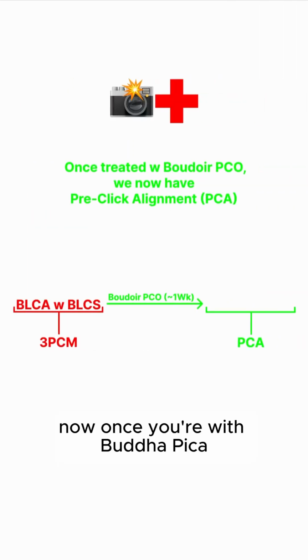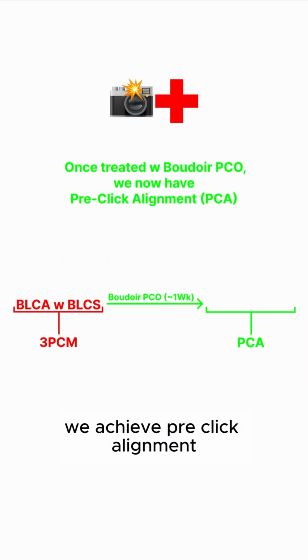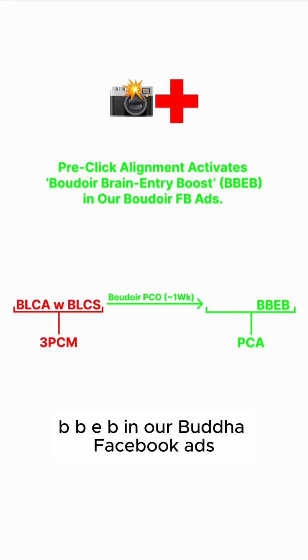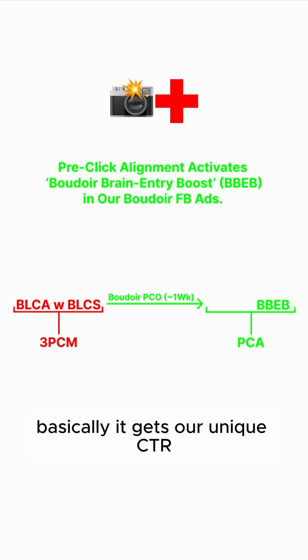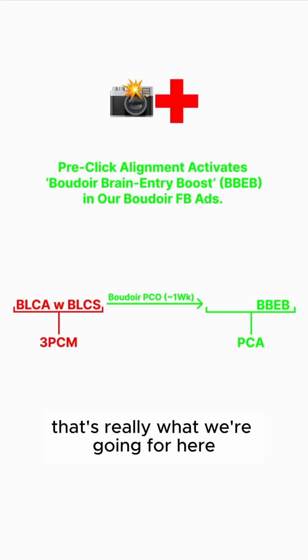Now, once treated with Boudoir Pico, we have pre-click alignment. So we got rid of the 3 pre-click mistakes. We achieve pre-click alignment, and pre-click alignment activates Boudoir Brain Entry Boost, BBEB, in our Boudoir Facebook ads. Basically, our unique CTR is now above 6%. That's really what we're going for here.